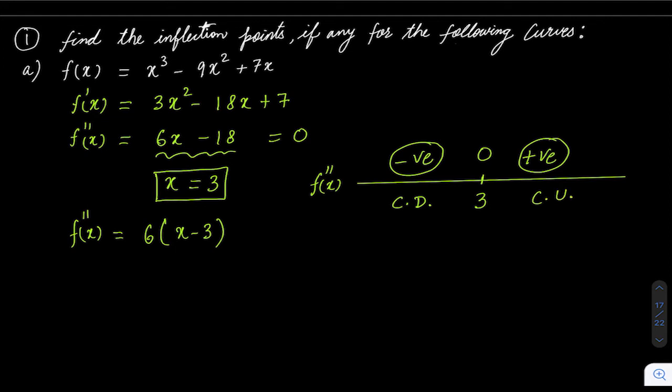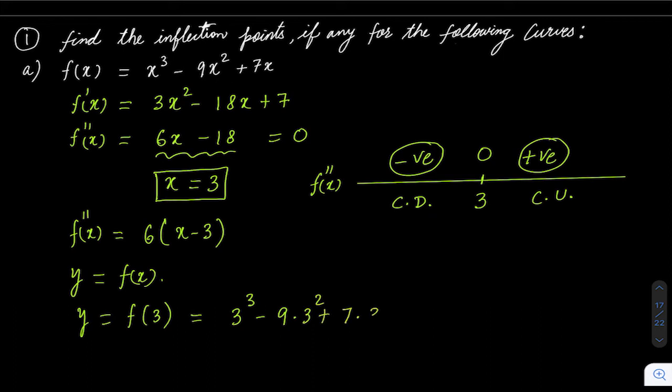So x equal to 3 becomes our point of inflection. Now let's find the coordinates. When x is 3, what's the value of y? Y is nothing but f of x, right? So we have to find f of 3. f of 3 means x equal to 3, so this will be 3 cube minus 9 times 3 square plus 7 times 3.